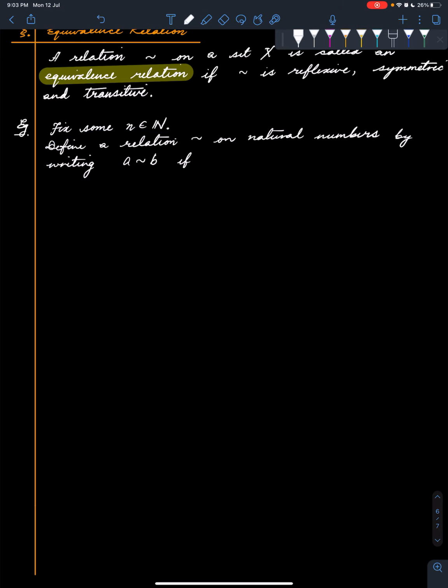So after fixing that number, define a relation tilde on the set of integers by writing A tilde B if n divides A minus B. Could have defined it on natural numbers also, but let's define it on integers, if n divides the difference of the two.